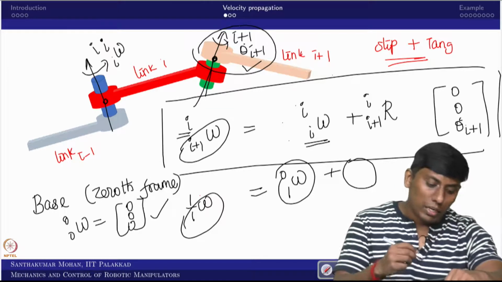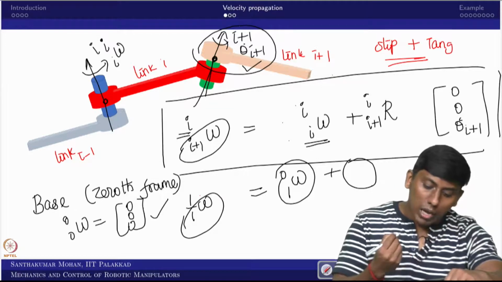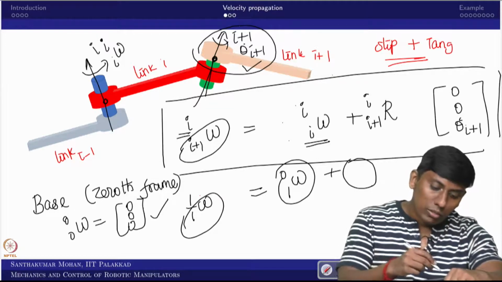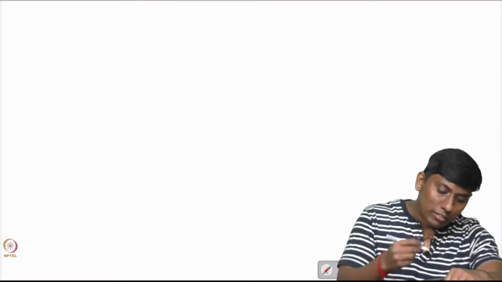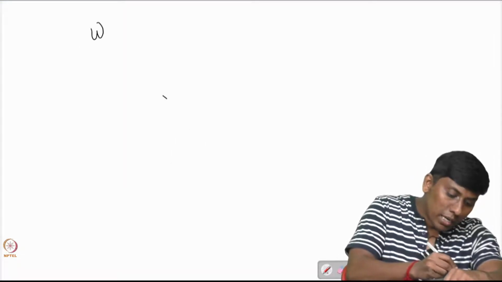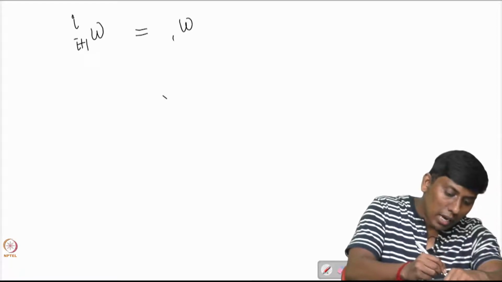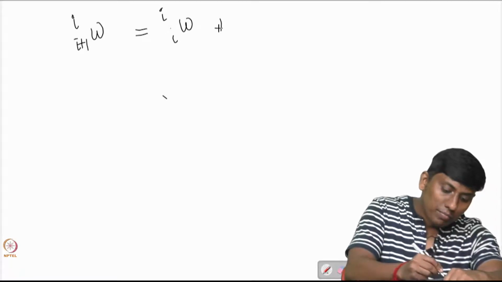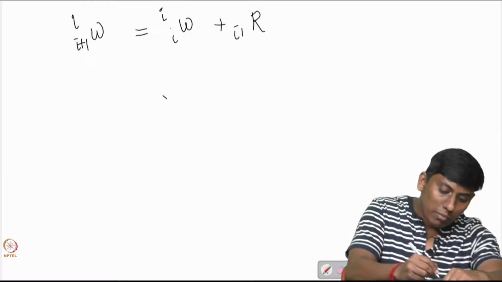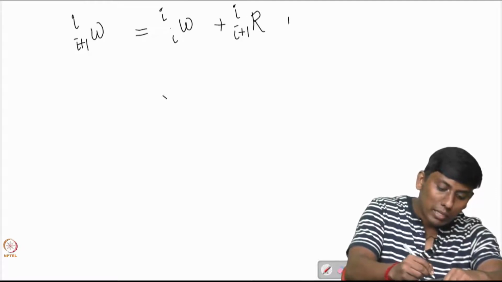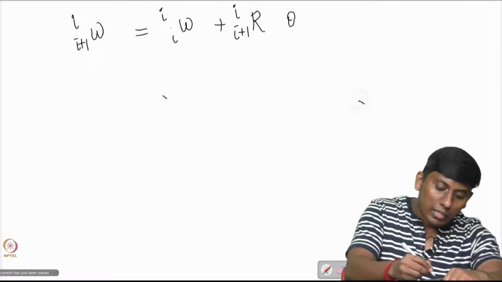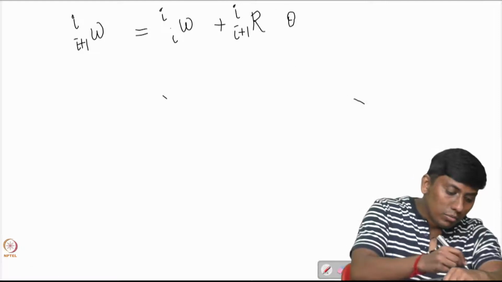If that is the question, I already have one relation. What relation? Omega I plus 1 with respect to I, I got it as omega I plus the rotation matrix of I plus 1 with respect to I times something.